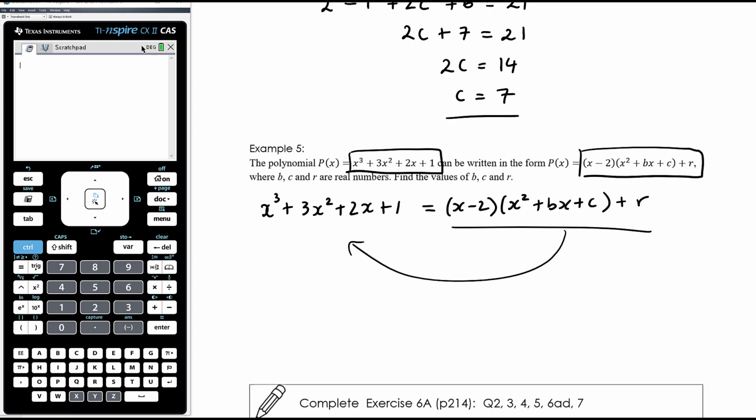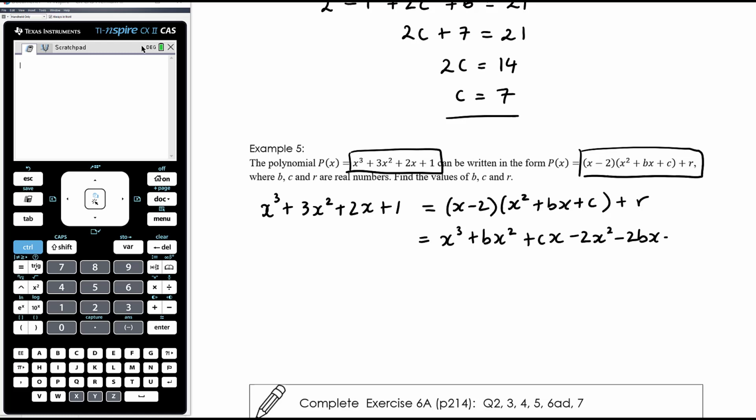So let's expand out the right-hand side so we've got the two things in the same form, and then we can do what we call equating the coefficients. So if I expand out these brackets, x times x squared is x cubed. We're going to have plus bx squared plus cx, and then we have minus 2x squared minus 2bx minus 2c, and then plus r. So we just need to collect some like terms together. So we've got x cubed.